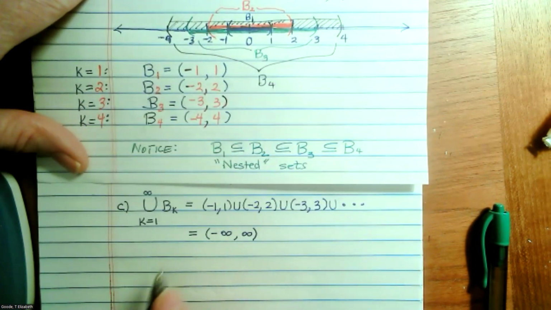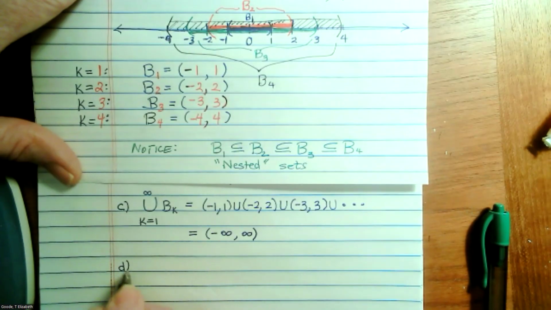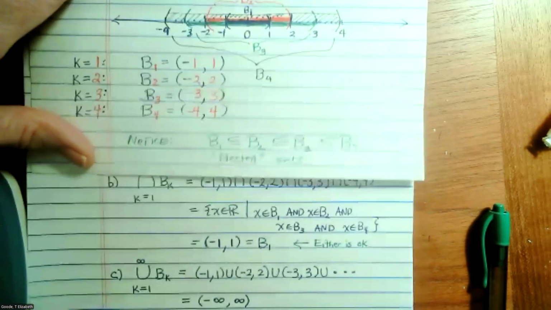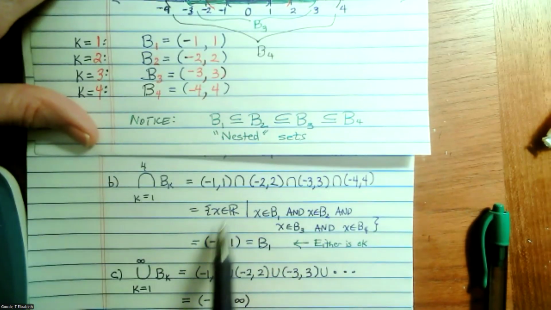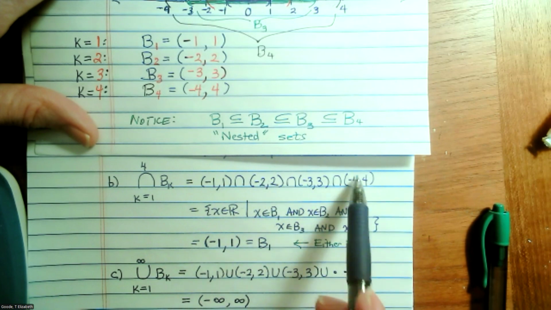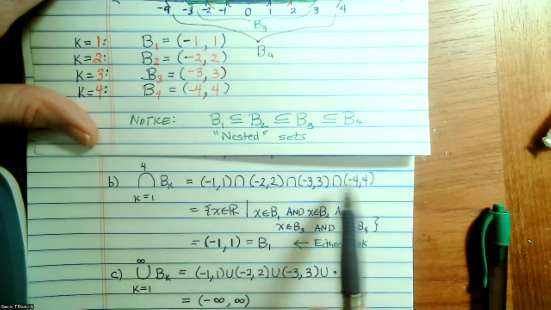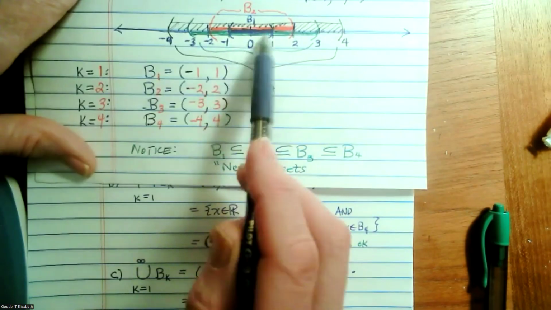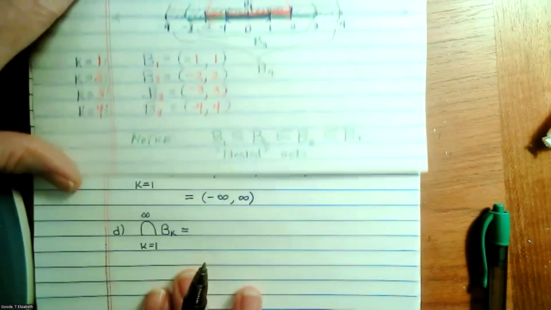And then finally, the infinite intersection. Well, it's helpful to understand what sort of restrictions came into play with this little finite intersection. With this finite intersection, we were looking for x's that were in all of these, but the only x's that were in all four of these were the ones right in the middle, right?